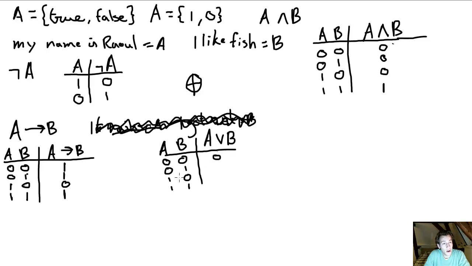But in either other way, my name isn't Raoul, but I still like fish, then it's still true. Same here. Now my name is Raoul, but I don't like fish, so it's still true. And the last one, my name is Raoul, or I like fish, are both true. So this one is also true. So this is the truth table of or.